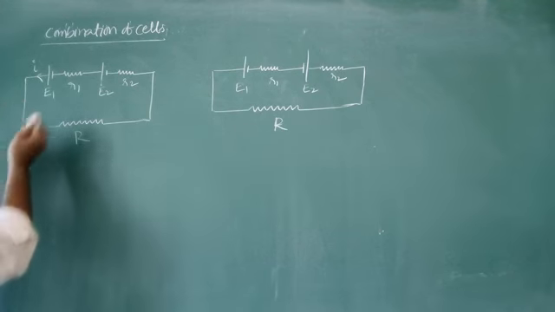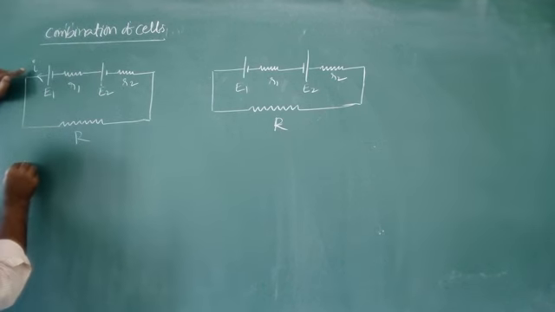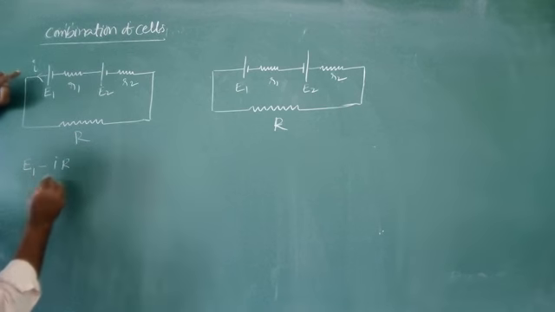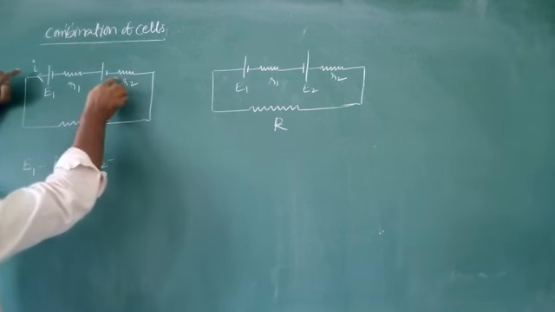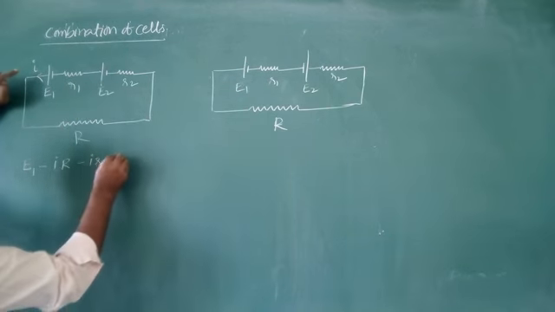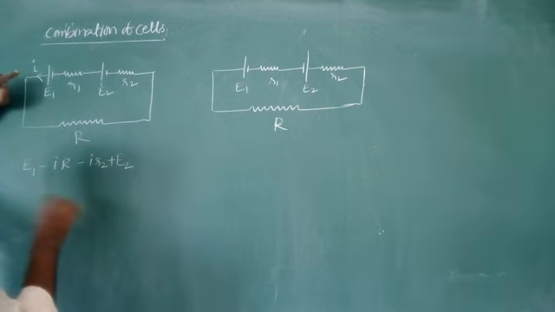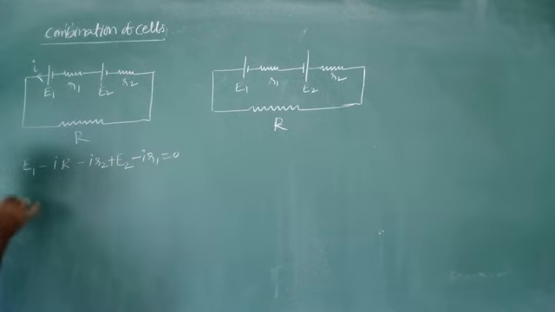Taking I, we get E1 minus I into capital R minus I into R2, plus E2, because we are moving from low potential to high potential, minus I into R1 is equal to 0.